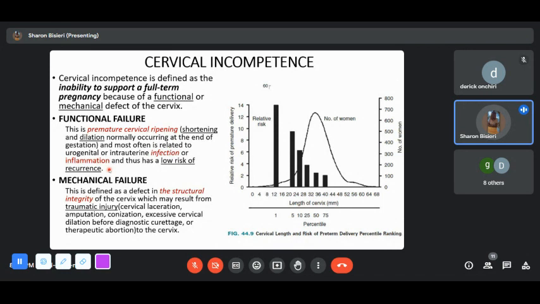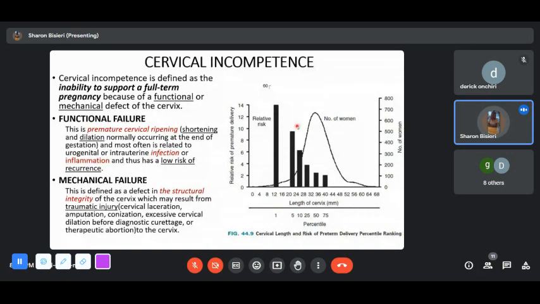As compared to a mechanical failure, by which we mean the cervix has a structural defect that arises from a traumatic injury. It could be as a result of cervical laceration of any etiology, amputation, conization, curettage, or any other therapeutic abortion.